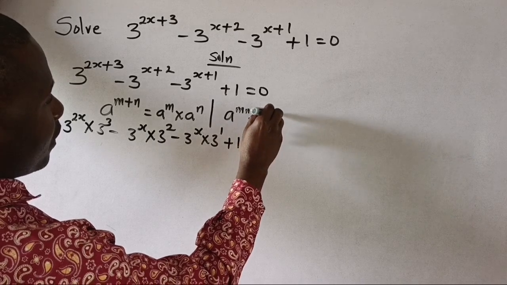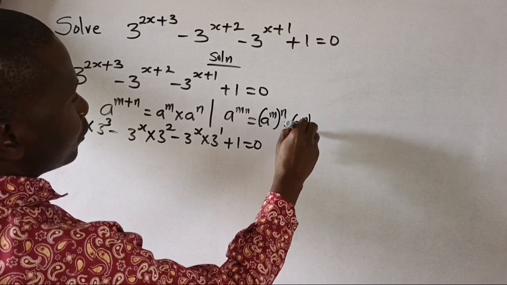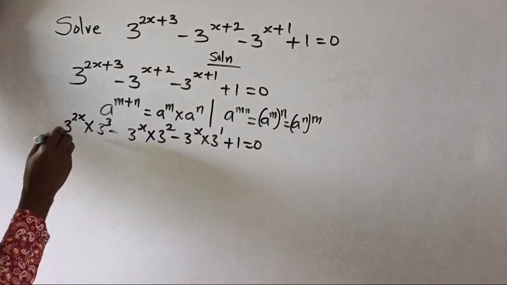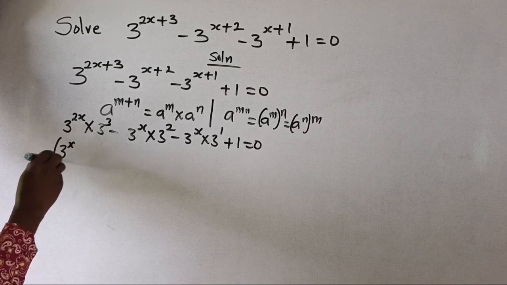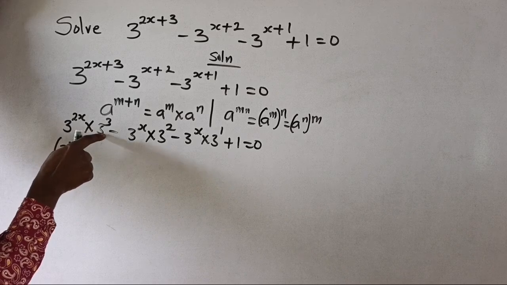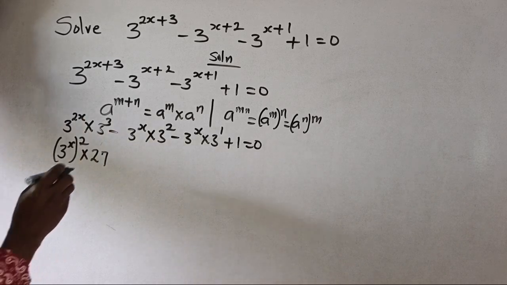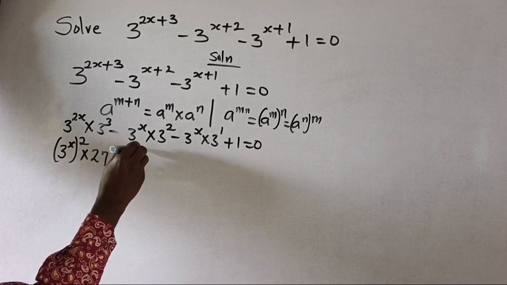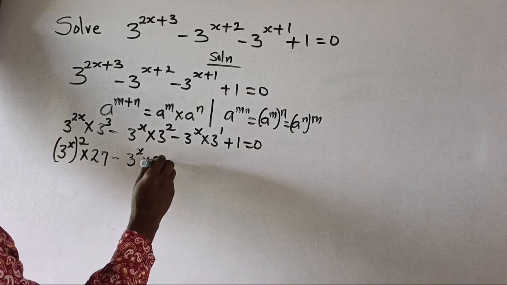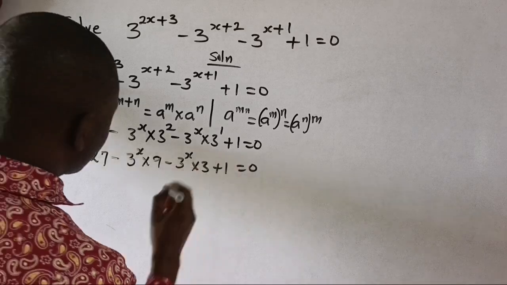Using this law in simplifying, we have 3 raised to power x, raised to power of 2, then 3 raised to power 3 can be written as 27, then minus 3 raised to power x times 9, 3 raised to power 2, minus 3 raised to power x times 3 raised to power 1 is 3, plus 1 equals 0.